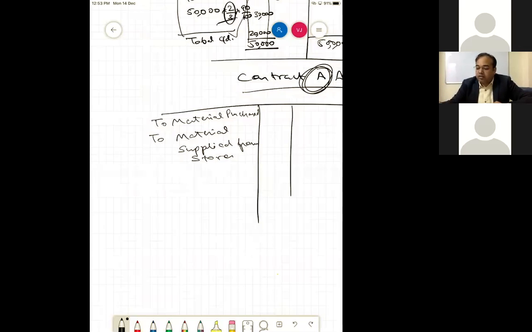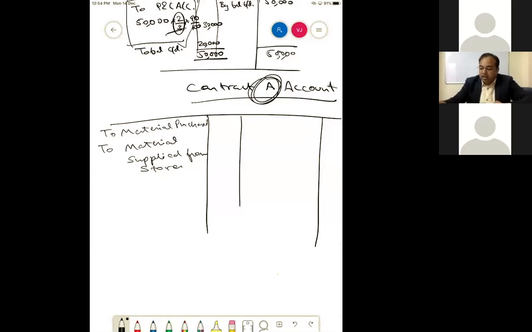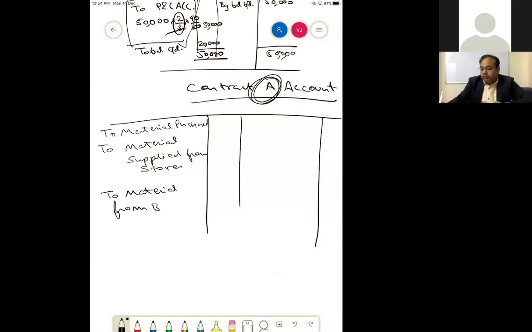So when you are transferring material from B, here also you can write "to material from B contract".